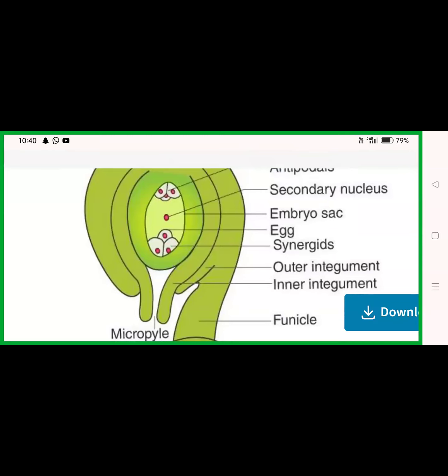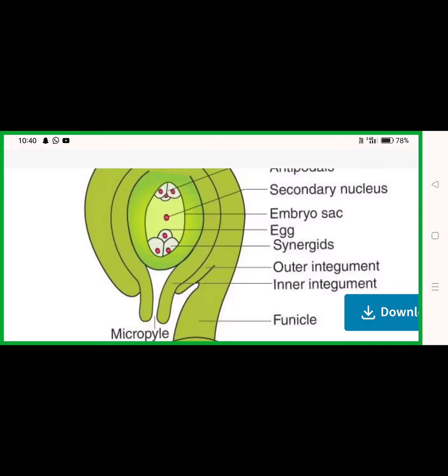After that comes the filiform apparatus, it's very, very important. The filiform apparatus is a prominent structure seen in the micropylar end of the synergid cell. It is made up of a mass of finger-like projections of the wall into the cytoplasm. Filiform apparatus means finger-like projections.